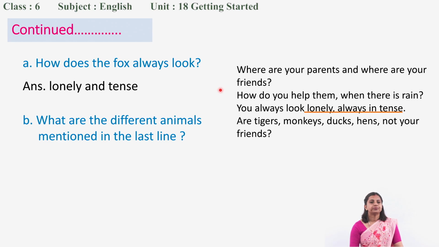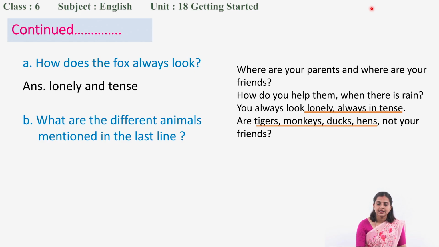Okay, now what are the different animals mentioned in the last line? What are the different animals mentioned in the last line of the poem? Can you see? Can you find the answer there? Tell me, where is the answer? Okay, here is the answer, isn't it?